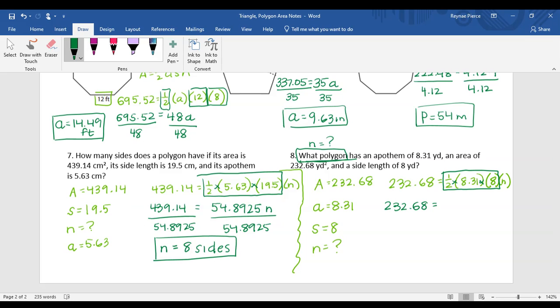And 1/2 times 8.31 times 8 is 33.24. When I divide both sides by 33.24, N equals 7. So this polygon has 7 sides, and the polygon that has 7 sides is called a heptagon.